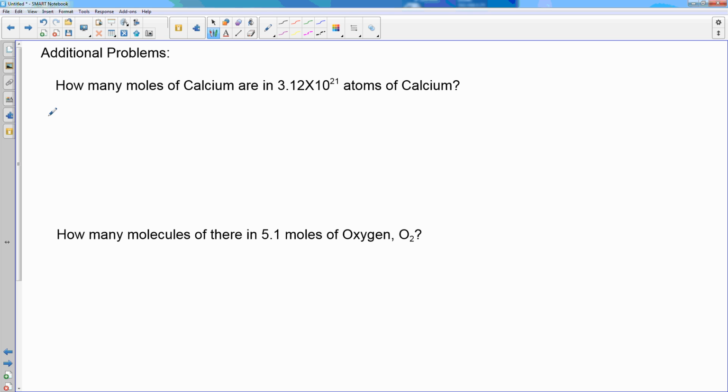So we have how many moles of calcium are in 3.12 times 10 to the 21 atoms of calcium. So calcium is an element, and the representative particle for an element is an atom. So we can go from moles directly to atoms in this case because we are dealing with an element.